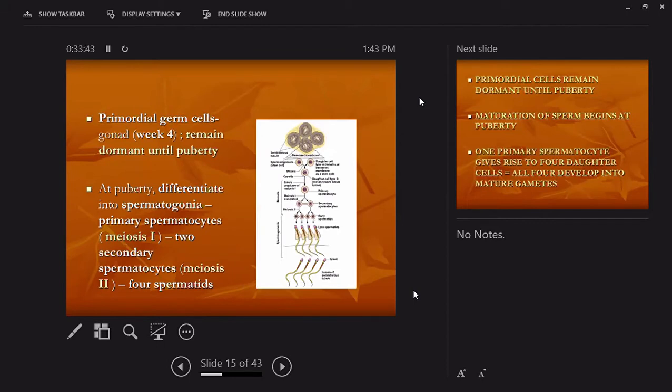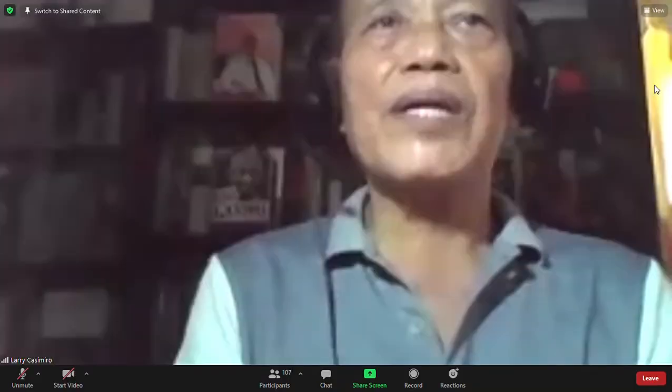So this is the better view that you would be studying, wherein we have only one cell developing into four. Primordial germ cells in the gonad, week 4, remain dormant until puberty.